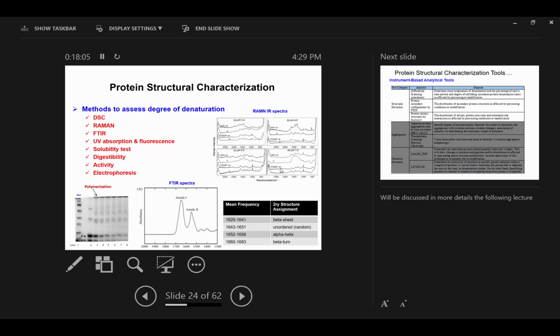But when you have a polymerized protein, a big blob of protein, the digestive enzyme will have a hard time getting there and digesting, so you will have a reduction in digestibility. Activity, for example enzyme activity: enzymes are proteins, so if the enzymes are denatured, you will see reduced activity.